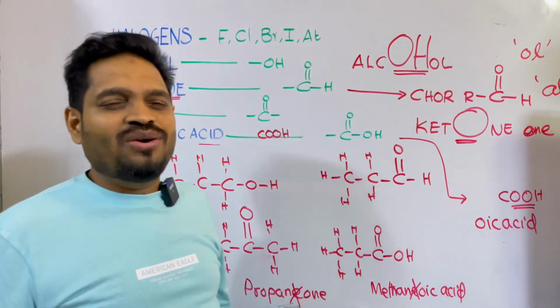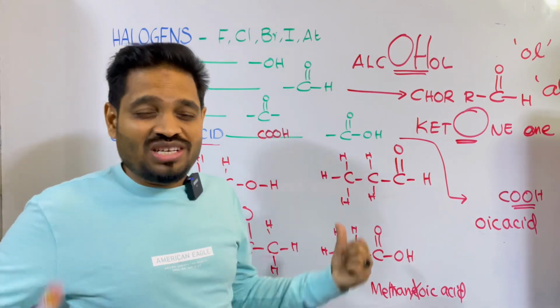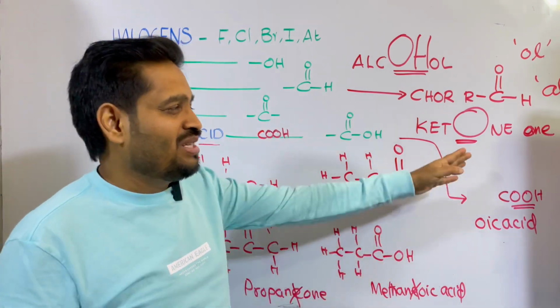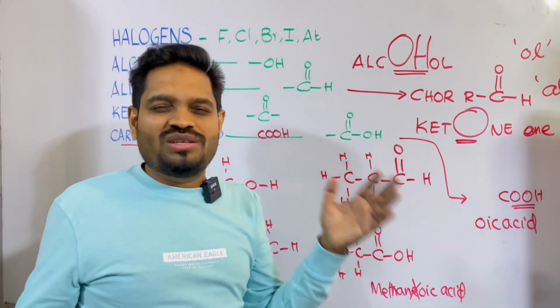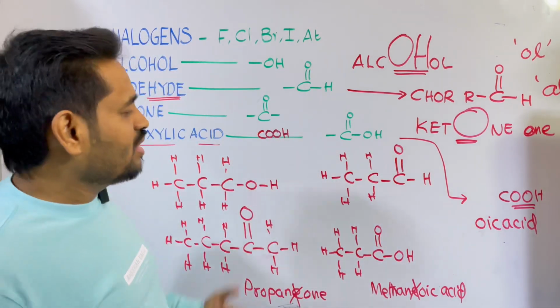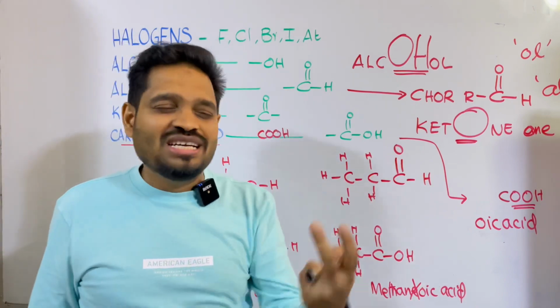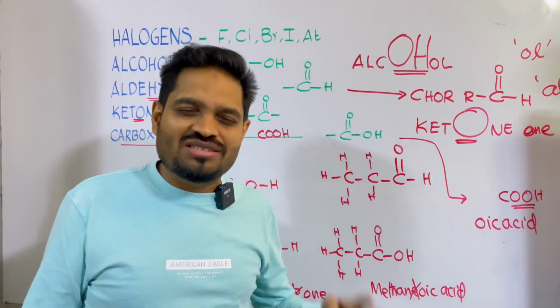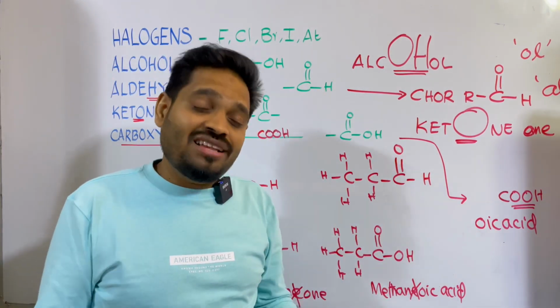All right, now third one is ketones. Ketones always in the middle. That means there should be 2 carbons on 2 other edges, and O should be at the middle. It should never go to the tip. And carboxylic acid has 2 words, so it is the longest one, COOH, and that's it.